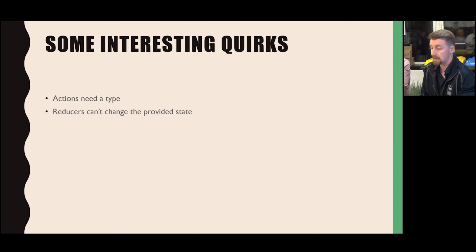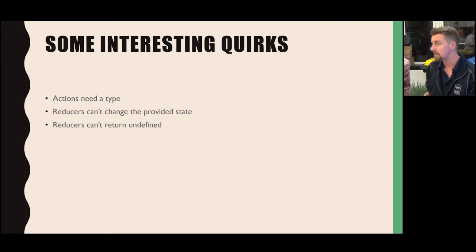So this actually plays very nicely from a functional programming paradigm. Reducers can't return null or undefined or something that represents nothing, because you can't have nothing as your data representation. Also, from a JavaScript perspective, that can introduce more abnormal quirks that you don't want to have to deal with.